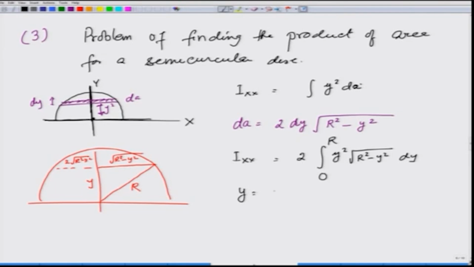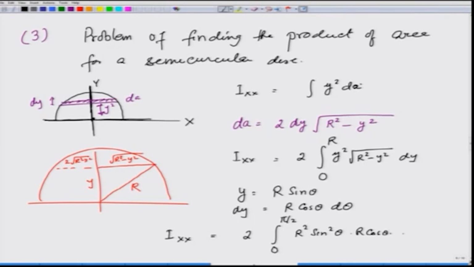I take y equals r sin theta, dy becomes r cosine of theta d theta, and therefore, Ixx becomes equal to 2 integral, lower limit theta would be 0, upper limit theta will be pi by 2, y square will be r square sine square theta, square root of r square minus y square will be r cosine of theta, and then you have dy, which is r cosine of theta d theta.